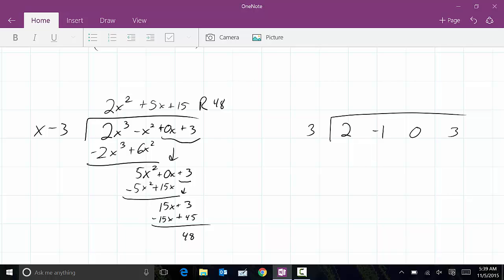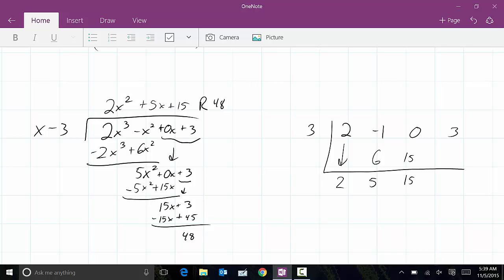The very first thing we're going to do is bring down the 2, then we're going to multiply. 3 times 2 is 6, we add down, and that's 5. 3 times 5 is 15, add down, that's 15. 3 times 15 is 45, add down, that's 48.